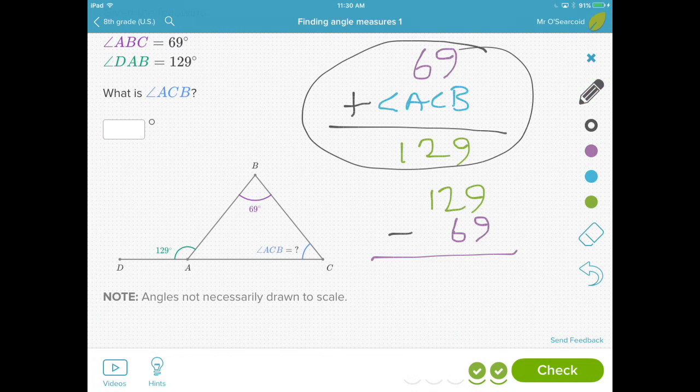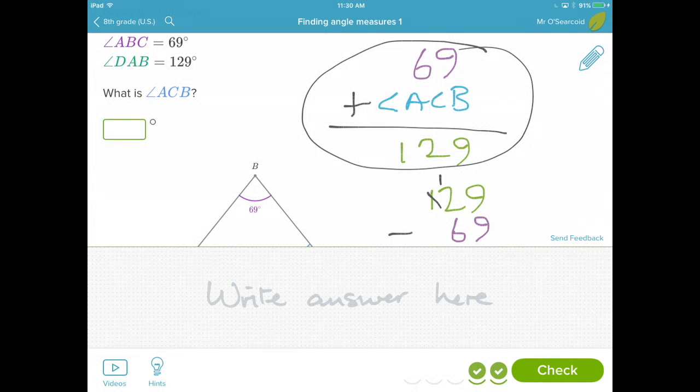So 129 minus 69, those 9's give you 0, and borrow the 1. So we have 60 degrees total for the measure of the angle ACB. And that is the quick way of doing it without the rigmarole of the previous question.